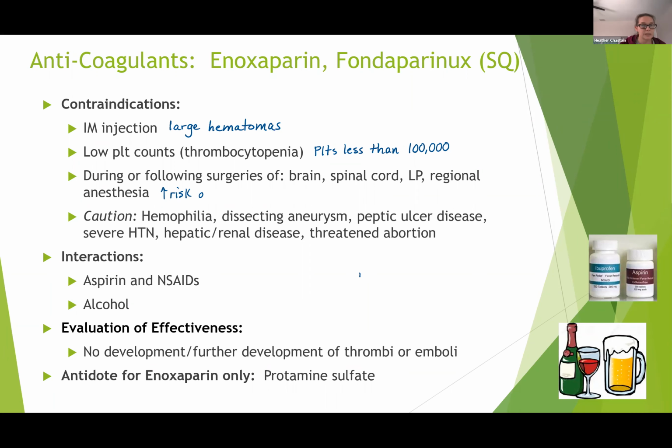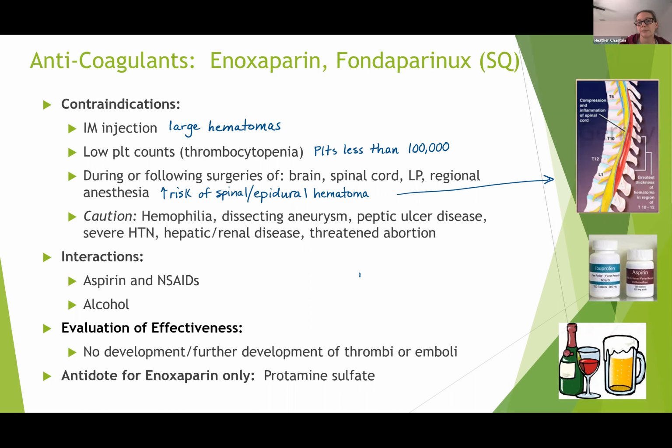So it increases your risk of spinal or epidural hematoma, okay? Which again is that bleeding within that spinal cord, which causes complications, the compression and the inflammation of the spinal cord.